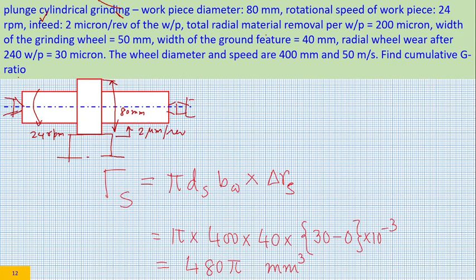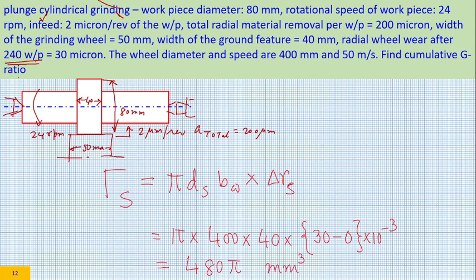Total radial material removal per workpiece is 200 micron. Width of the grinding wheel is 50 millimeter, which is immaterial. Width of the ground feature, that means this width, is 40 millimeter. Radial wheel wear after 250 workpieces is asked. So you are grinding these one after another.